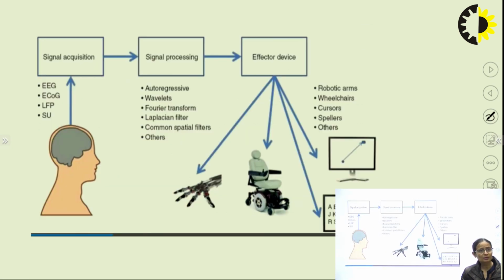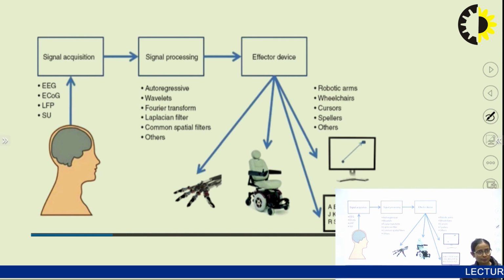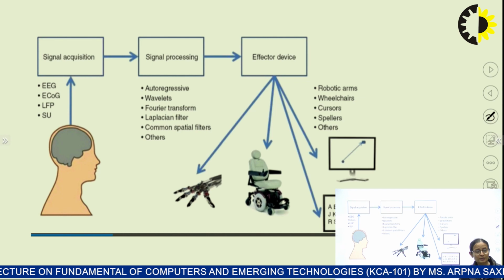So how is signal acquisition done? We have earlier seen the block diagram of the BCI. In this, for signal acquisition, we have EEG techniques, ECoG technique, LFP, SU. These are the various techniques with the help of which your brain signals are acquired. Then these acquired signals are sent to a signal processing unit, and this unit uses various techniques for feature extraction, for example autoregressive, wavelets or Fourier transformation, or Laplacian filters, other kinds of filters.